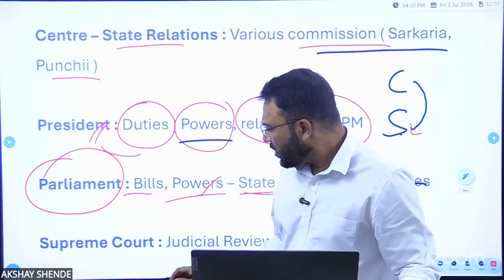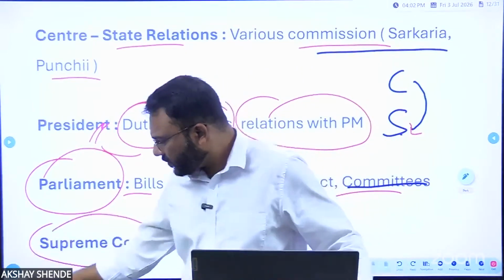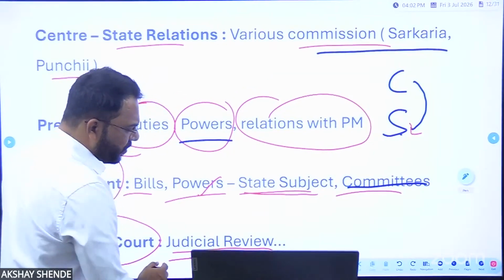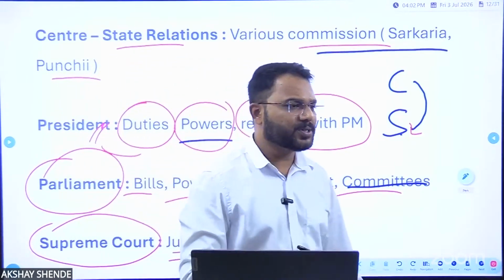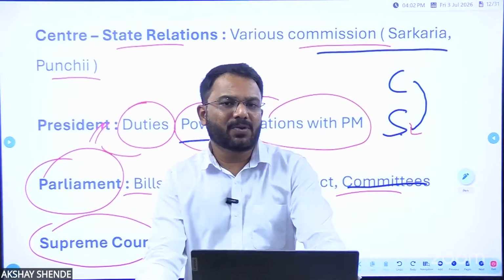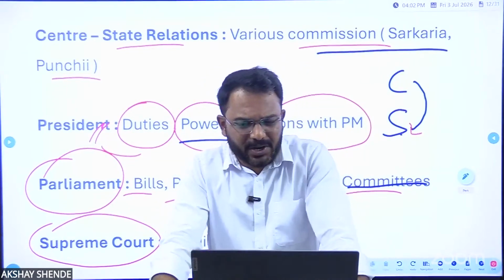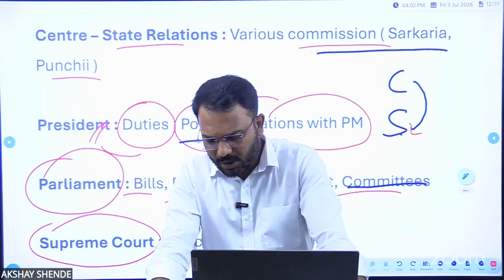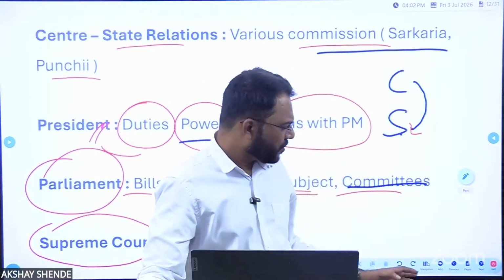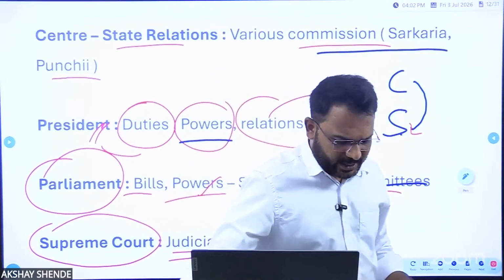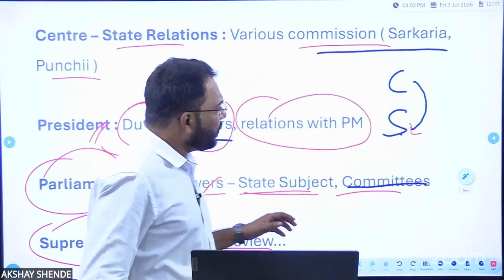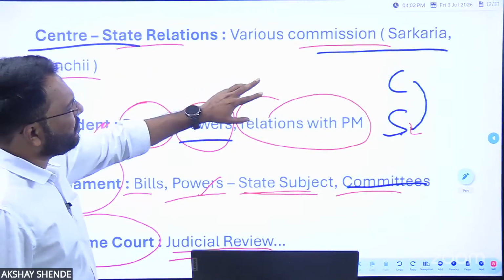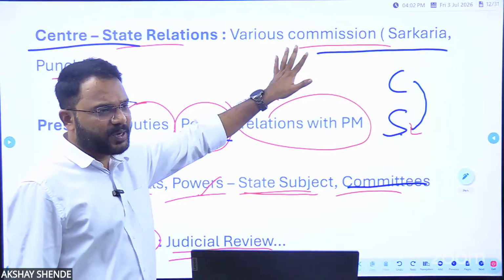Supreme Court. In Supreme Court, they have asked you questions about judicial review, appointments of judges, who appoints the judge, and the powers of the Supreme Court. So various other questions or topics they have asked you. Now, if you take a look, you will understand that in center-state relation, only a few questions have been asked.